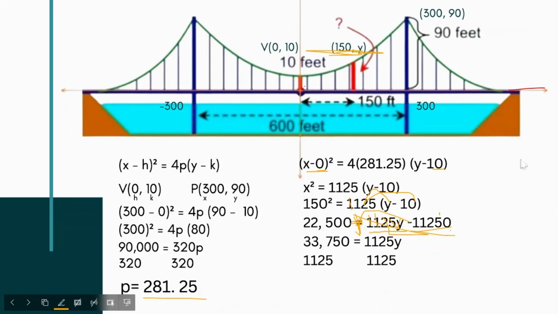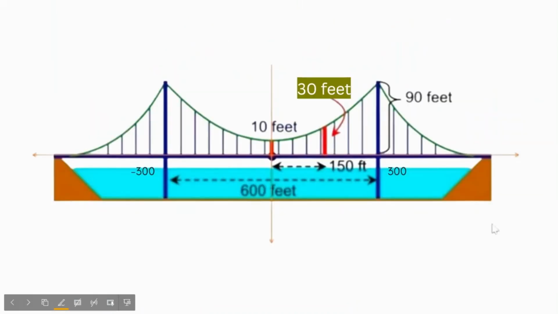Divide both sides by 1,125. Therefore, y equals 30. We have found the height of the cable: 30 feet.